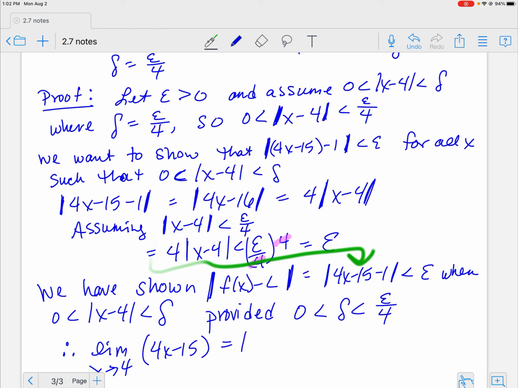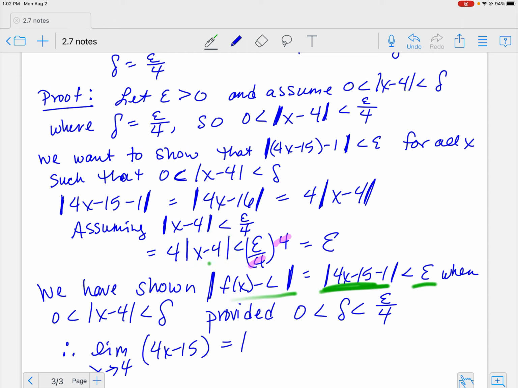So I'm showing that whenever I take the relationship between delta and epsilon and we work it all the way out, we end up with my f of x minus L is less than epsilon because we are left with just epsilon here. And this is f of x minus L. All right. And so that's what this means.